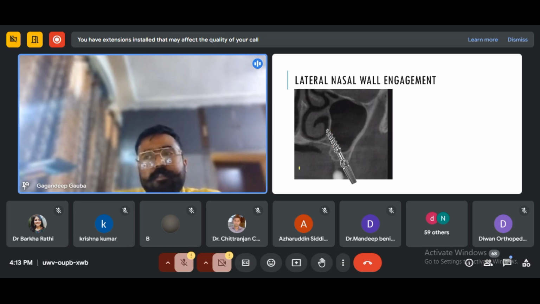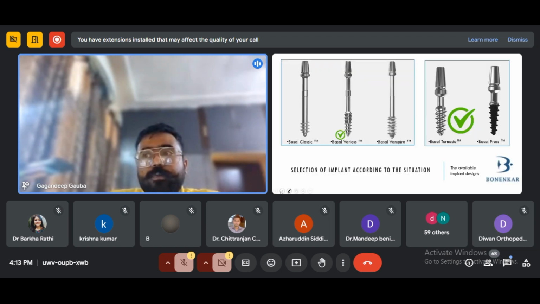Most of the time there is some bone present in the palatal aspect of the socket. If this is present, then we can engage an implant bypassing through the sinus. This is a transsinus nasal wall or transsinus lateral palatal bone engagement, and the implant of choice is always a basal tornado. In addition, basal varios can be used.